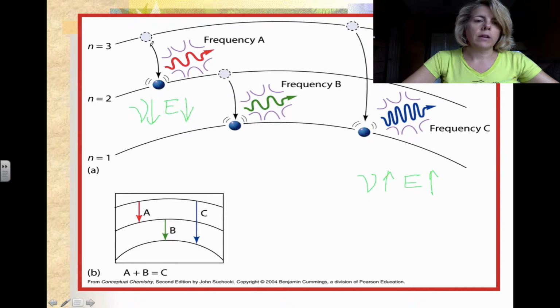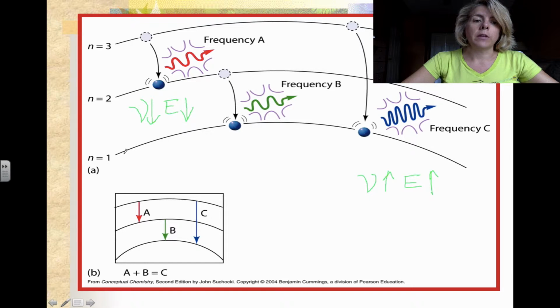Also, when you look at the energy levels 3, 2, 1, this is actually not drawn to scale, unfortunately. There's a wider gap between 1 and 2 than there is between 3 and 2. They drew it evenly spaced, but ideally the gap between 2 and 1 is big.